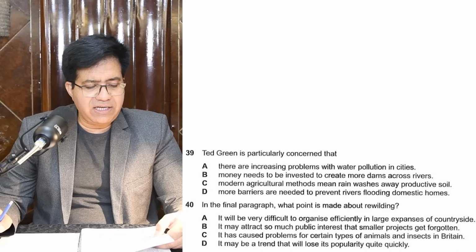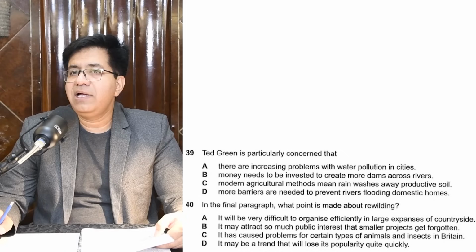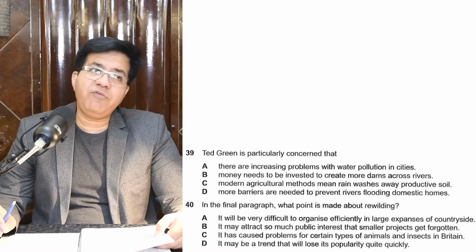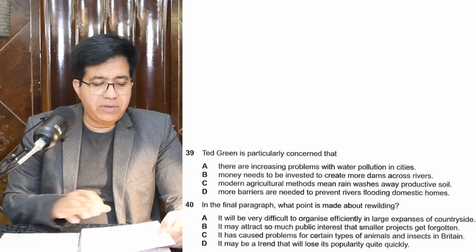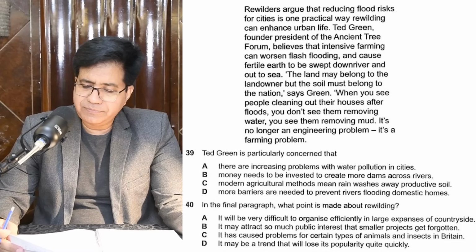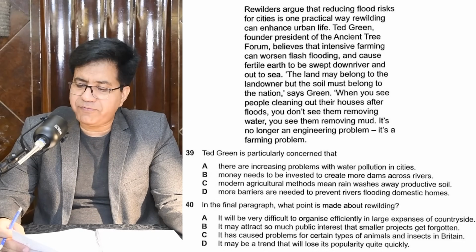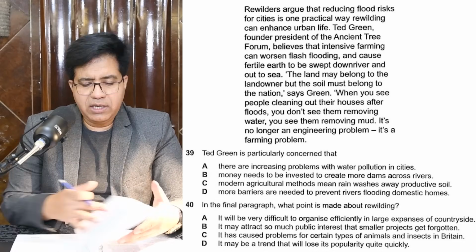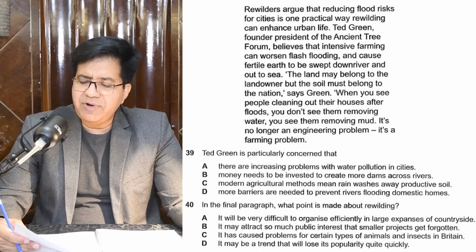Question number 39, Ted Green is particularly concerned that. Now we will find Ted Green and we will see particularly concerned. Okay, so Ted Green is in the second last paragraph. Can you see third line, second last paragraph of the passage? Ted Green. Now the question is, Ted Green is particularly concerned that. I'm reading third line.